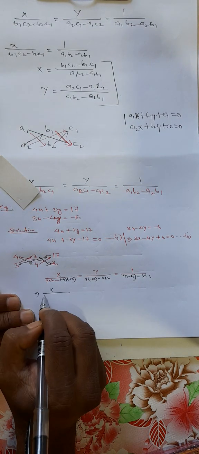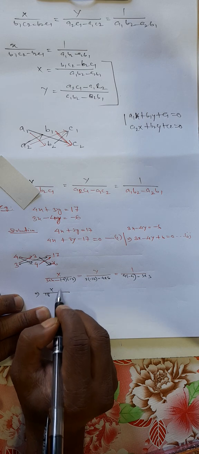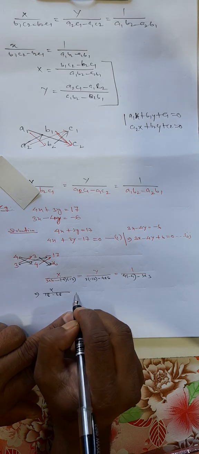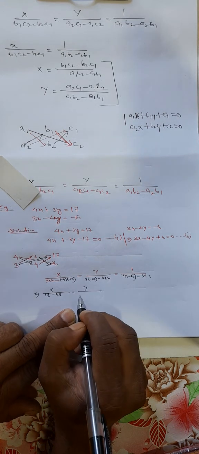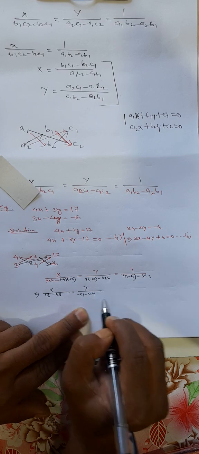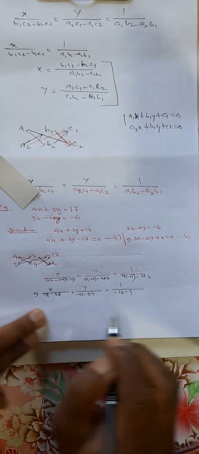x divided by 18 minus 68 equal to y divided by minus 51 minus 24, equal to 1 divided by minus 16 minus 9.